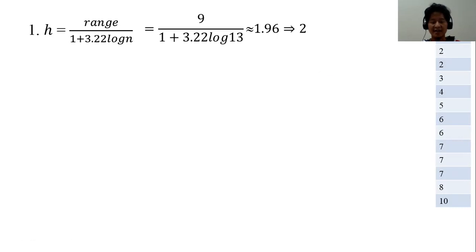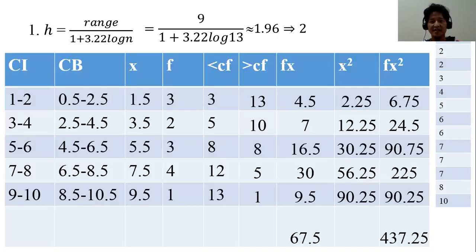Okay, so I have here the frequency distribution table already. But to review, to find this, ang gagawin lang natin is we start with the class interval or CI. We copy the smallest value in our data. So we have 1. And then ito yung magiging unang lower limit natin.